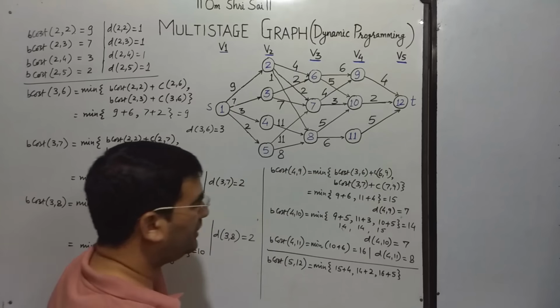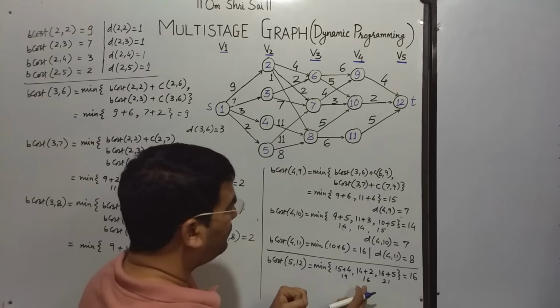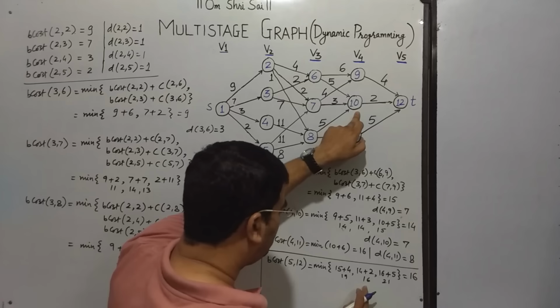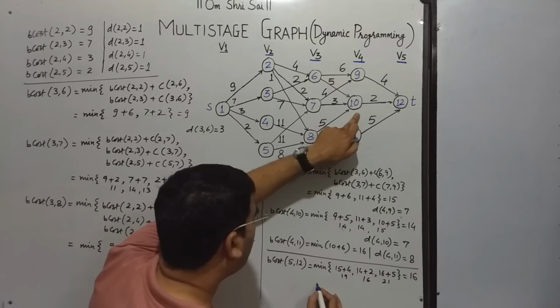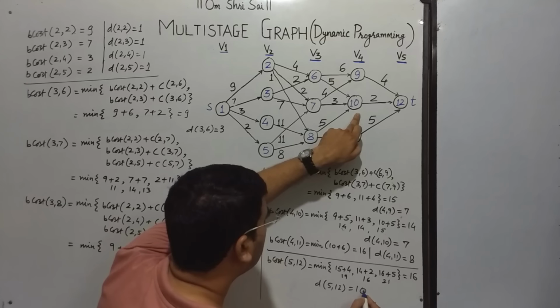So what is the minimum value? Is 16. And this is due to the second. Second means this one. And this is due to the vertex 10. So I'll write D of 5, 12 is equal to 10.